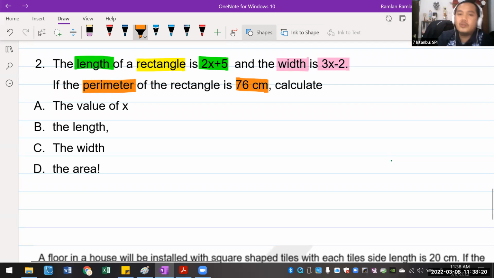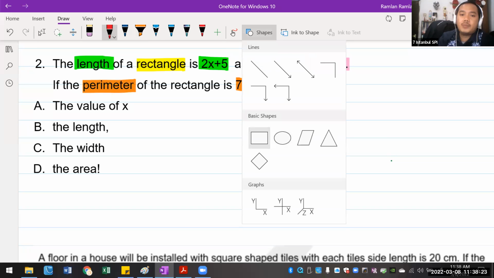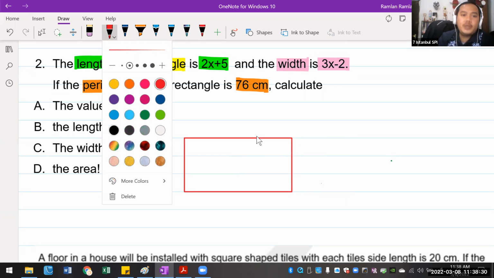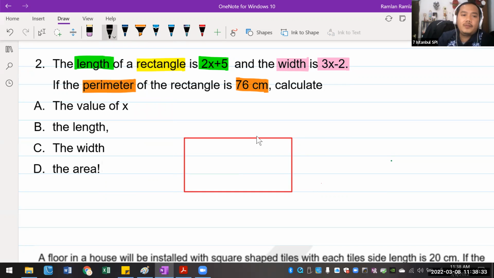So I'm going to draw that for you guys. The shape is just a rectangle here. And then we can write down what we know from the question. The first one is this green highlight, the length. This is the length and this is the length, and this is the width and this is the width, right? L, L, W, W. So I'm going to change that L into 2x plus 5.